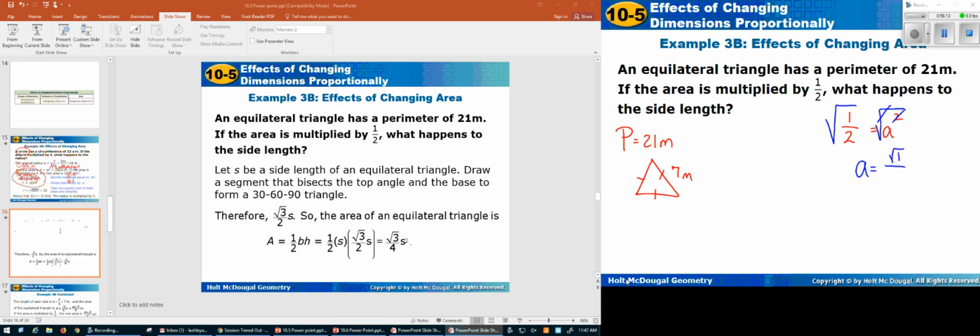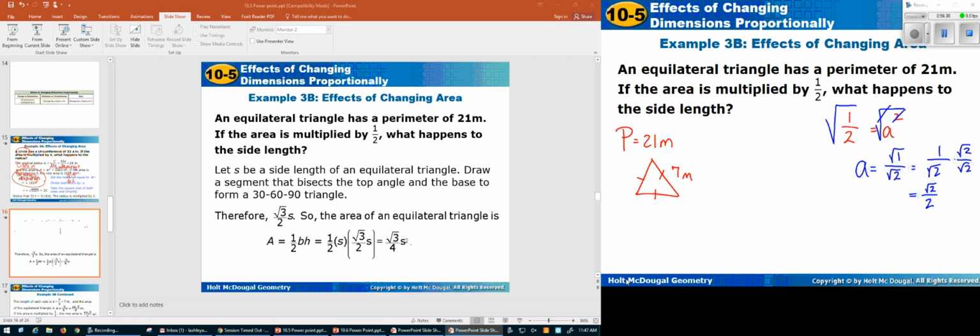Square root of 1 over square root of 2, which simplifies to? What's the square root of 1, first of all? 1. So we have 1 over the square root of 2, and then I'm hearing you guys saying multiply by square root of 2 over square root of 2 because we have to rationalize. So this is just square root of 2 over 2.